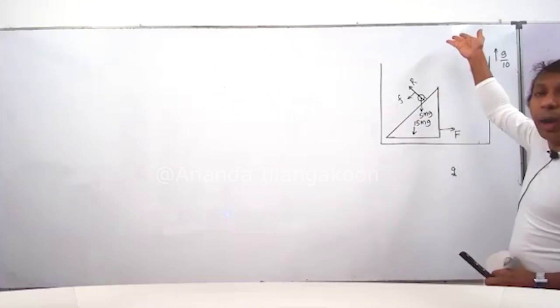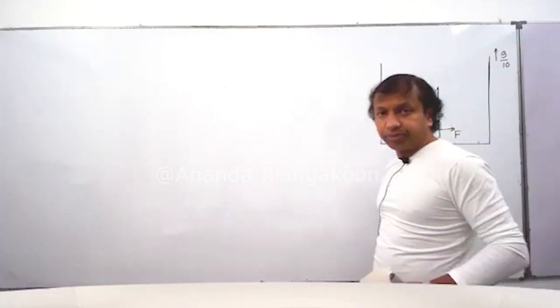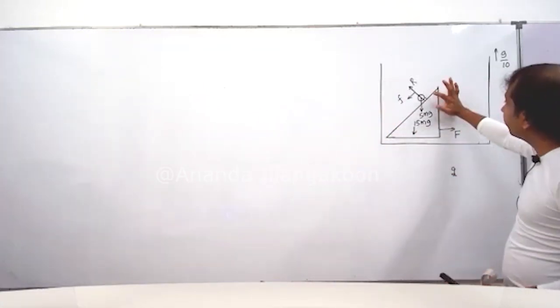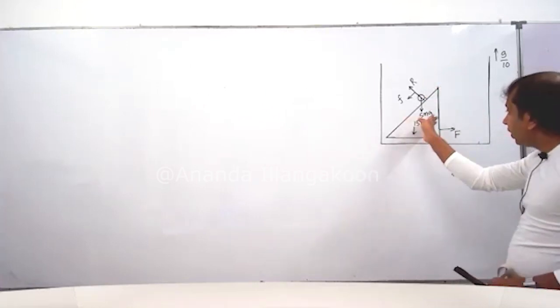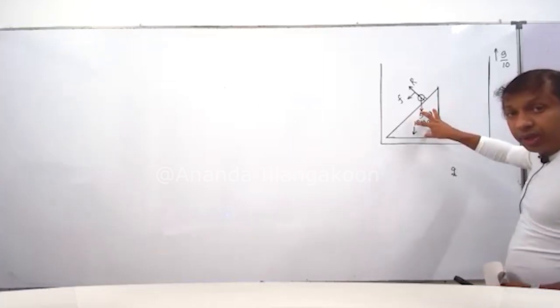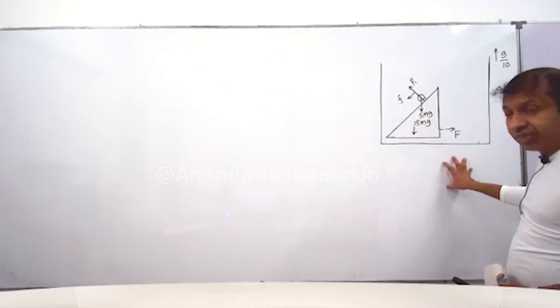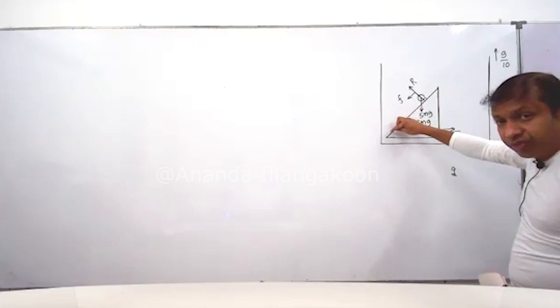Meantime, since the wedge is inside the lift, it is moving upward with acceleration g by 10. And the same observer notices this particle moves rightward with acceleration capital F because the particle is on the wedge. Meantime, the particle is sliding down along the face with acceleration simple f.